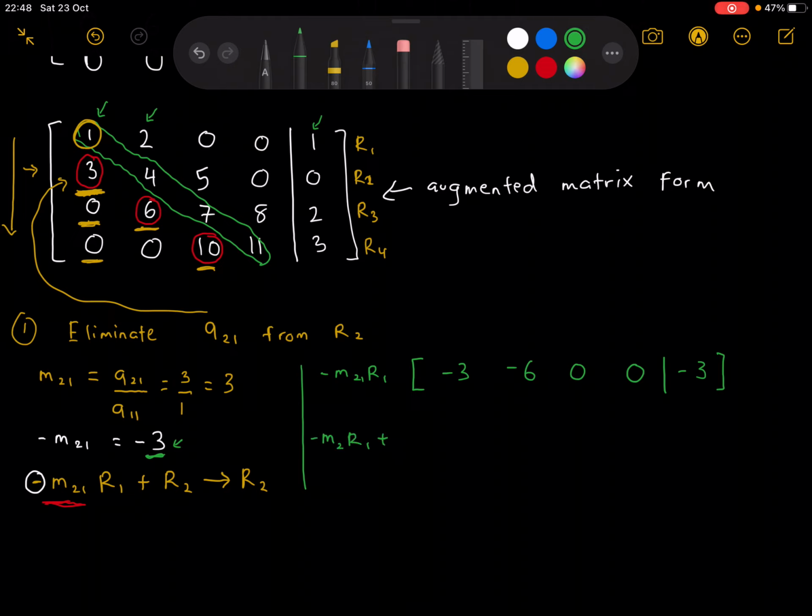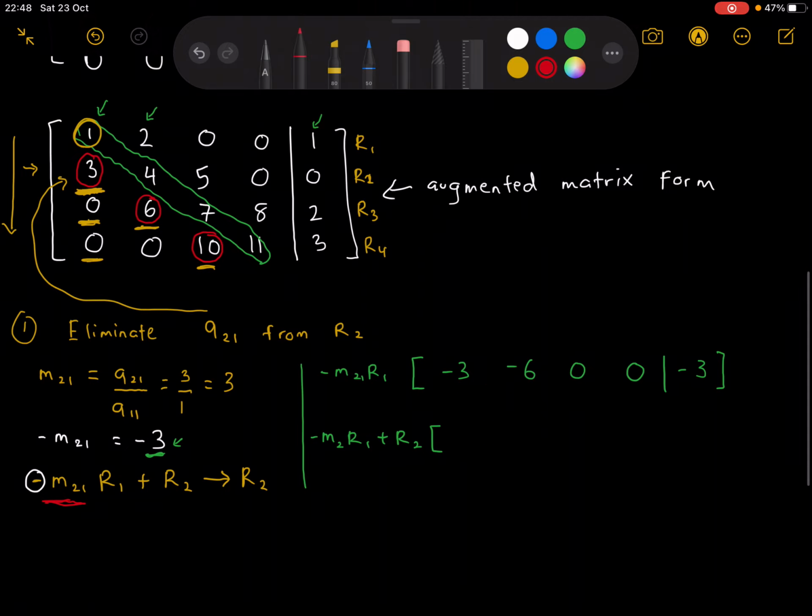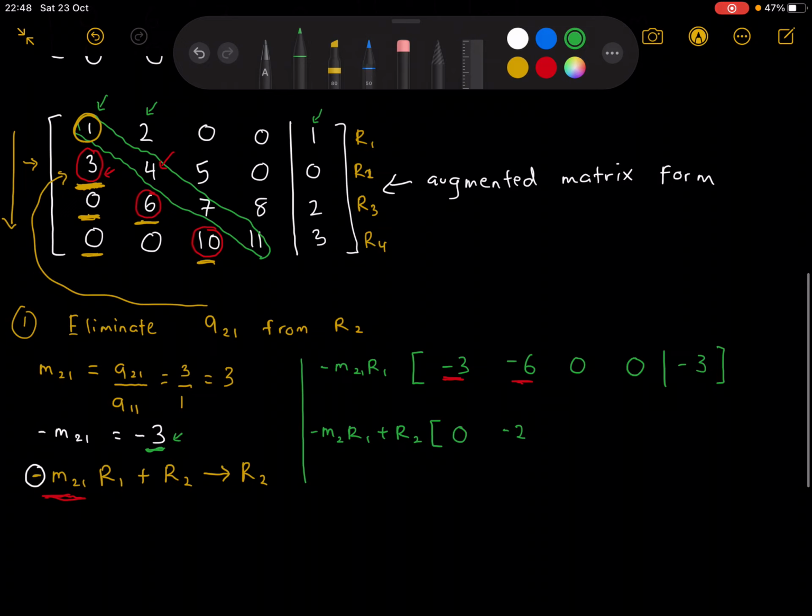Okay, next, negative M2R1 plus row 2. Anything on the second row we need to add the value. So negative 3 plus 3 here will become 0. The next, negative 6 here plus 4, it becomes negative 2, and then 0 plus 5 here, anything on the second row.